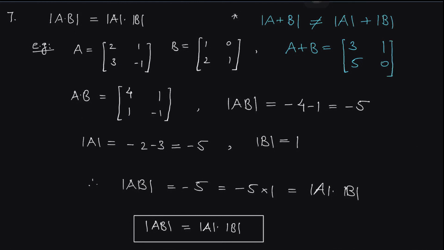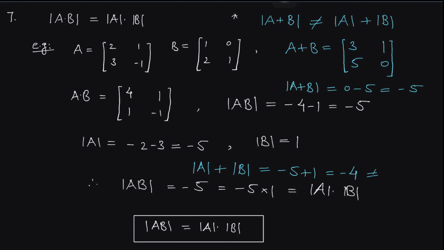Now find the determinant of A plus B: AD minus BC, 0 minus 5. The determinant of A plus B is minus 5, while the determinant of A is minus 5 and the determinant of B is 1. So if you find the value of the determinant of A plus the determinant of B, it will be minus 5 plus 1, which is minus 4.